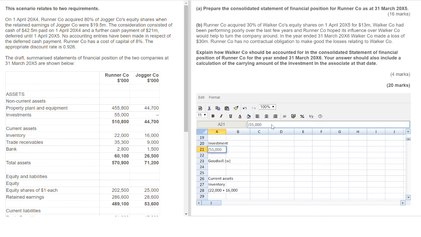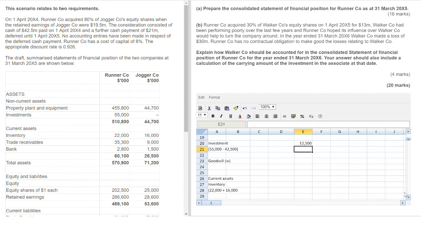So I've got 55,000 less the 42,500, and that will go through there and give me the amount that I need for my investment. Okay, we can finish that off afterwards if you so wish. Which column have I put all the numbers in? E. So I shall put that in now. That gives you there, is it 12,500?